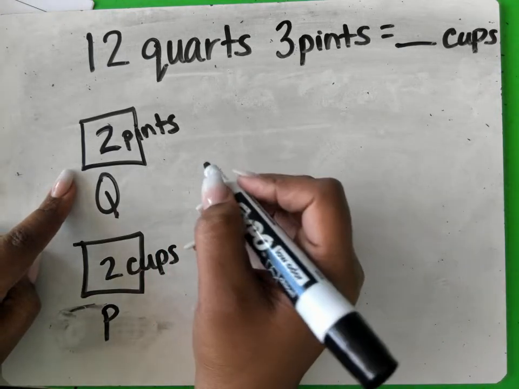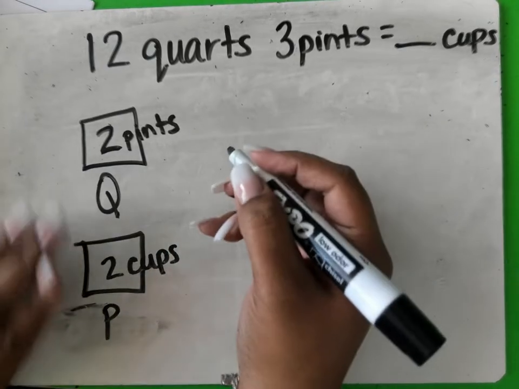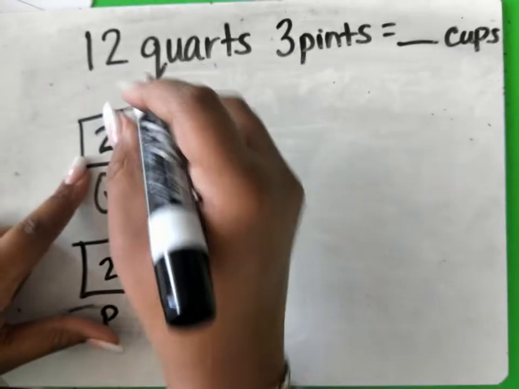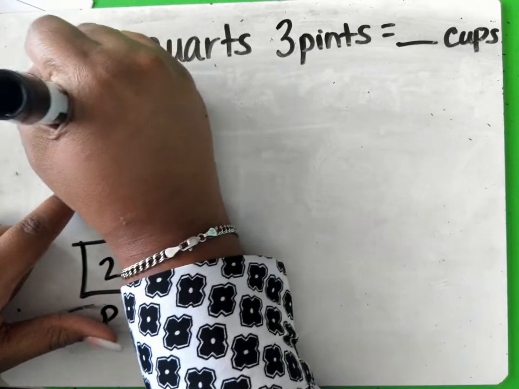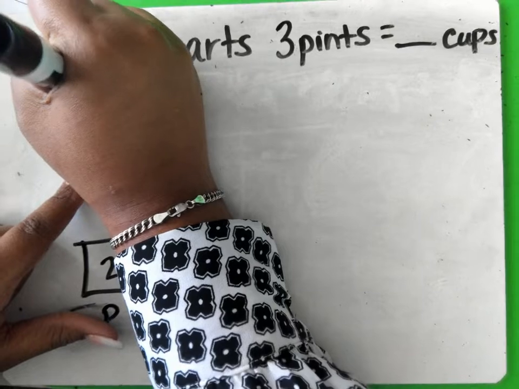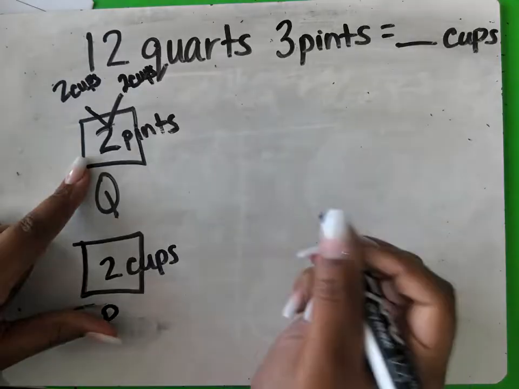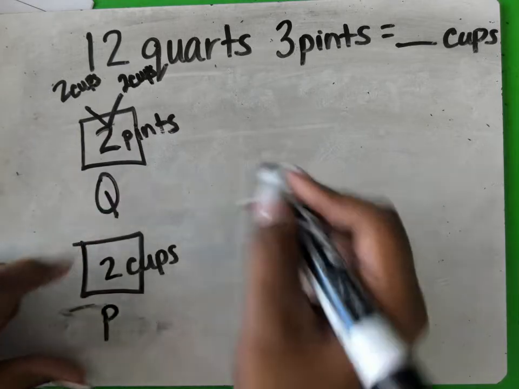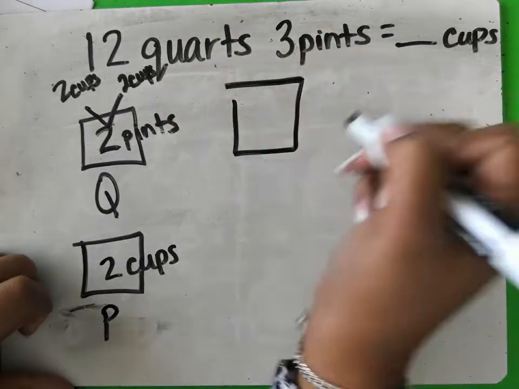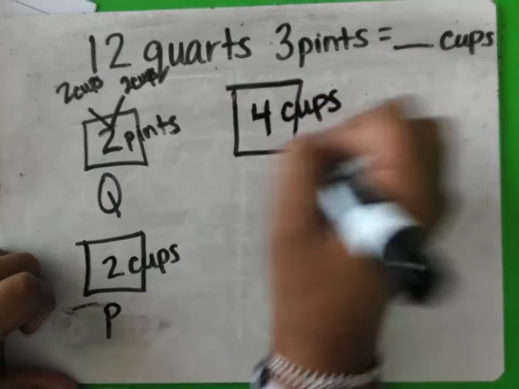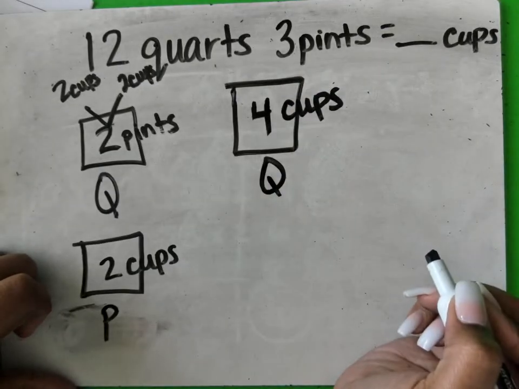So if I have 2 pints, okay, that means I have 2 cups here and 2 cups there, okay? 2 plus 2 equals what? 4. So I know that 4 cups is the same as 1 quart, okay?